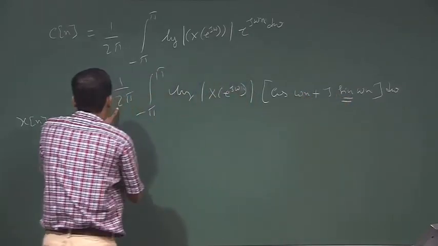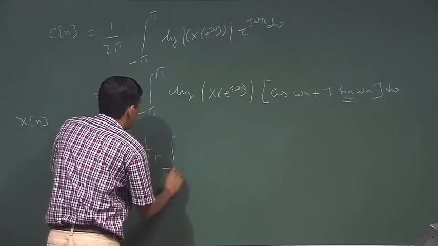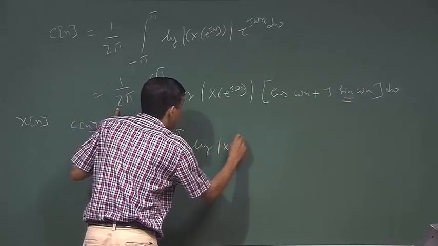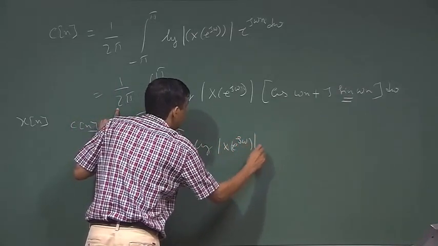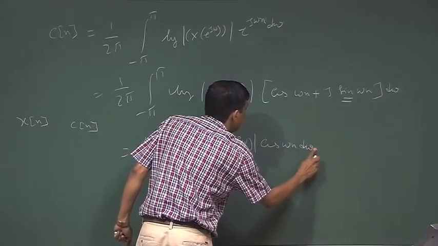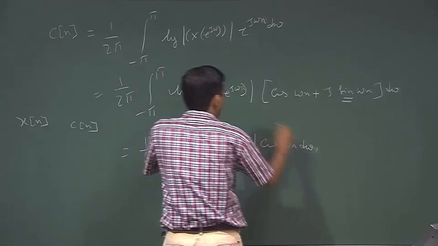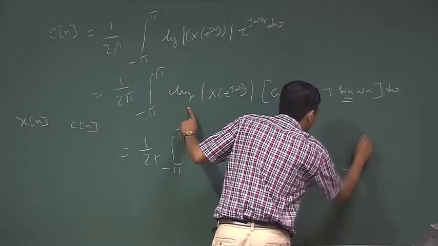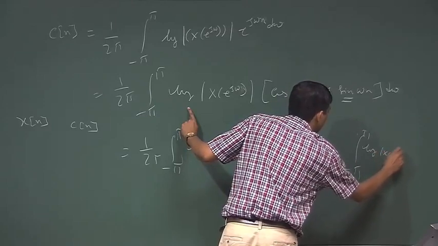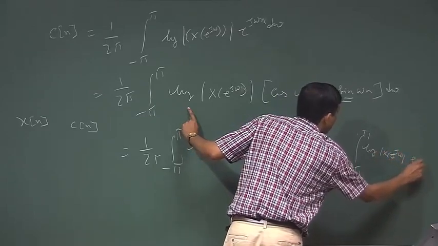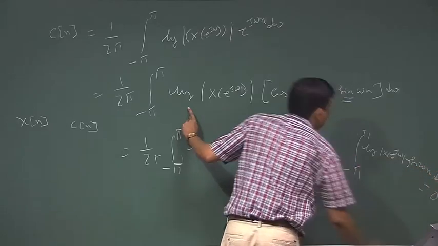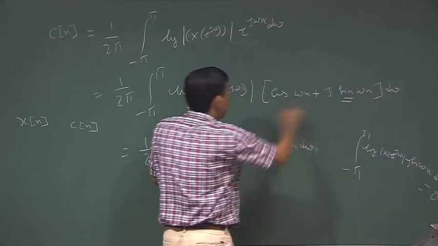That means 1 by 2 pi, minus pi to pi, log of mod x e to the power j omega into cos omega n d omega, because the integral of log of mod x e to the power j omega into j sin omega n d omega is equal to 0, because this is the odd part.